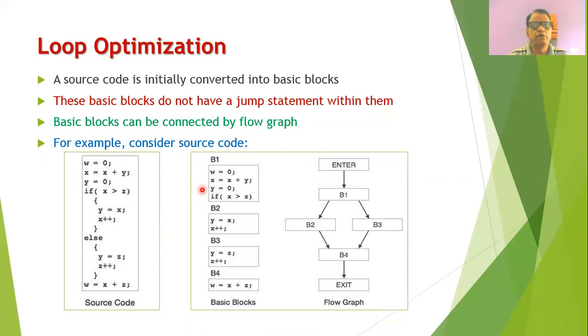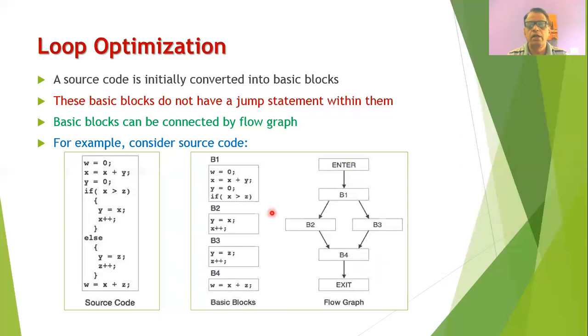So the first few statements up to the first if can be taken into block B1. And then we will have another block B2, which will consist of the if part of the conditional statement. The else part is covered in another block B3, and the rest of the part is covered in block B4.